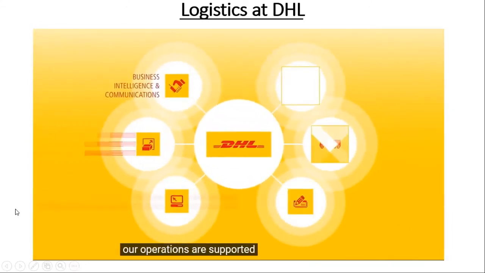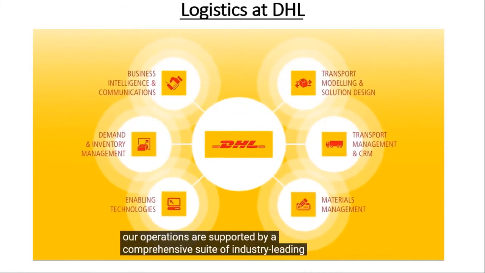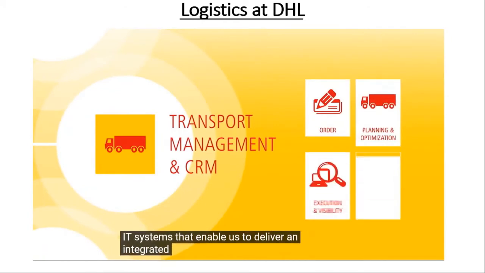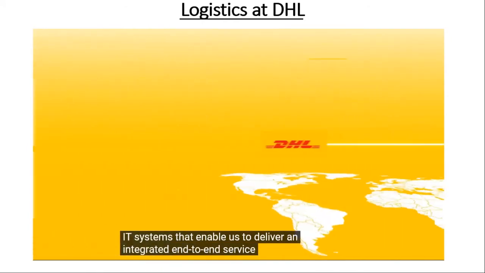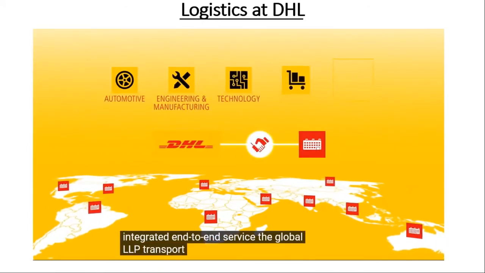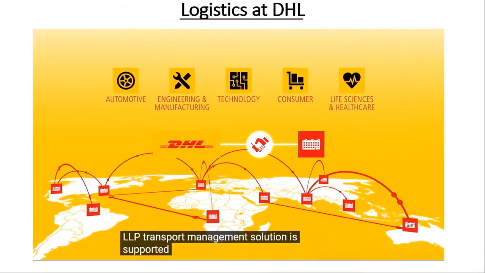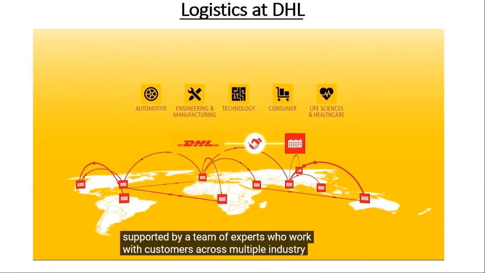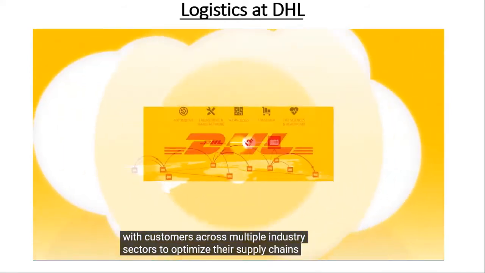Our operations are supported by a comprehensive suite of industry-leading IT systems that enable us to deliver an integrated end-to-end service. The global LLP transport management solution is supported by a team of experts who work with customers across multiple industry sectors to optimize their supply chains.